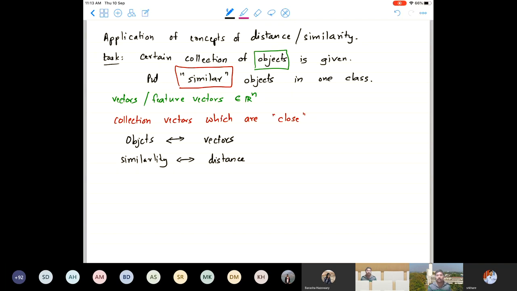So this is what we will have. If we understand this, then we will see what we are going to do. With this understanding, let me introduce some notation. The groups are going to be called clusters.